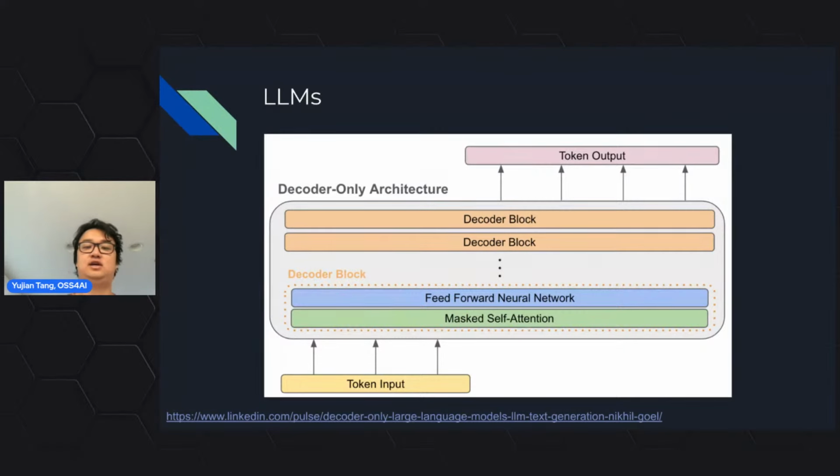GPT is a decoder-only architecture, which came out of the transformer model, which has an encoder and a decoder. It solves the problem of context: if you have a long sequence of tokens, you're going to need a lot of input and output for the right context. That's the main reason these things were made in the first place.